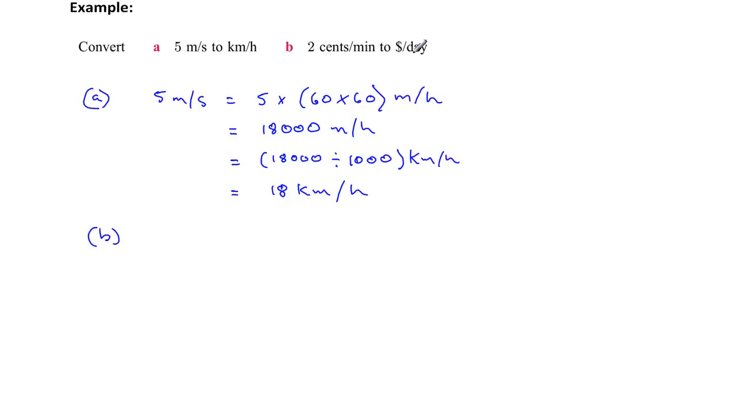And what about 2 cents per minute to dollars per day? Well, let's write down 2 cents per minute. And once again, we're going to convert it to cents per day to start with. So we're going to go 2, there's our cents, times. Now, it's minutes, and we want it per day.